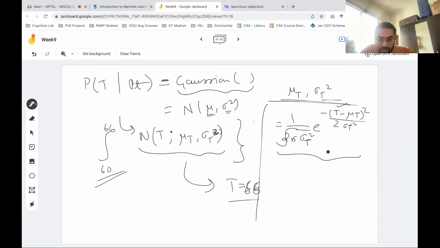So this is not a probability. This is the probability density at, let's say, some temperature T. So that's the confusion that I have.